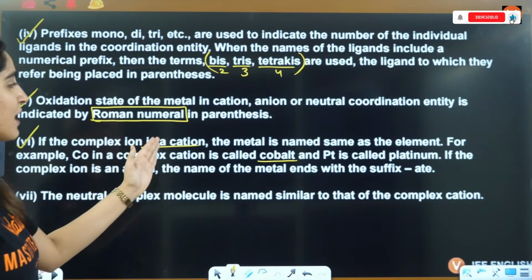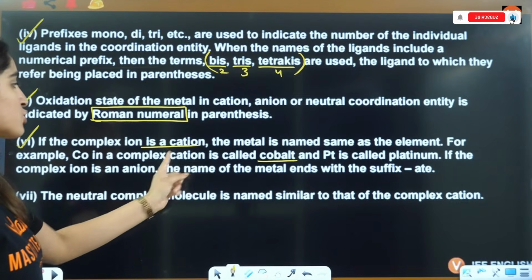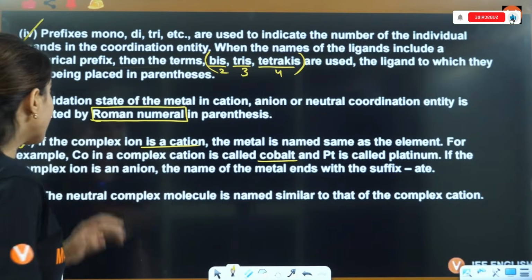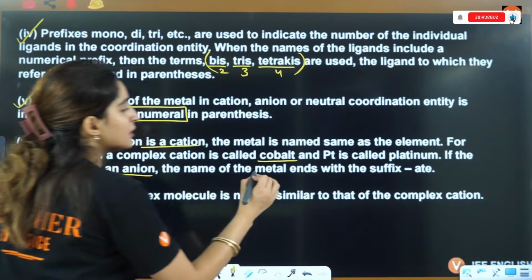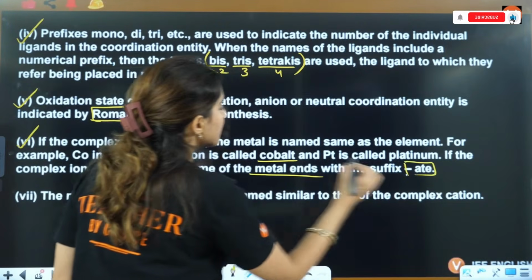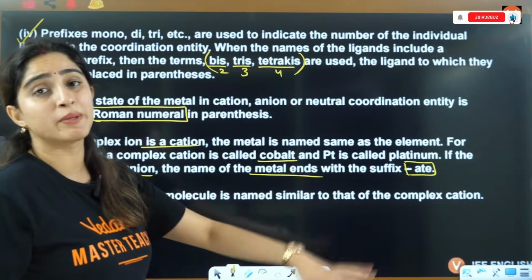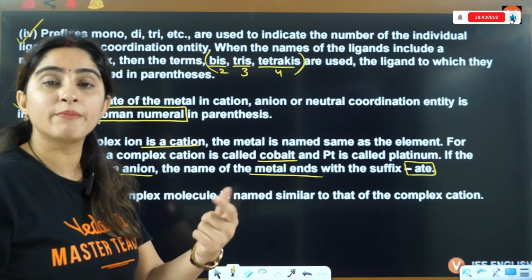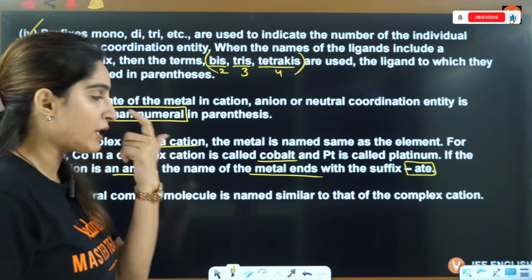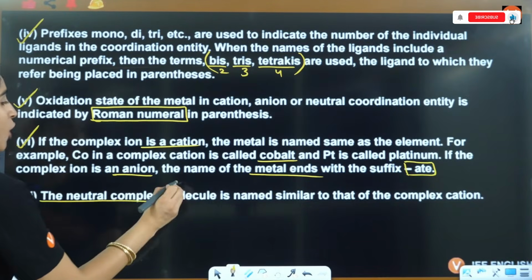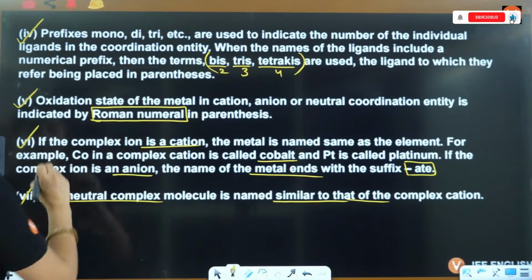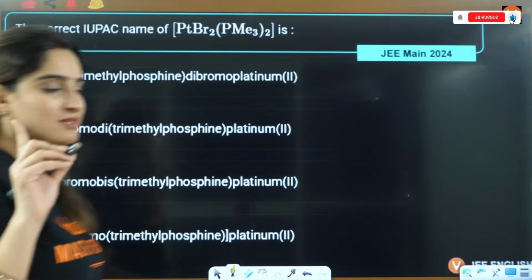If the complex ion is a cation, the metal is named as it is, that is cobalt for Co, platinum for platinum. But if it is an anion, then the name ends with -ate. That means this will become cobaltate, this will become platinate, iron will become ferrate, silver will become argentate. Very important.